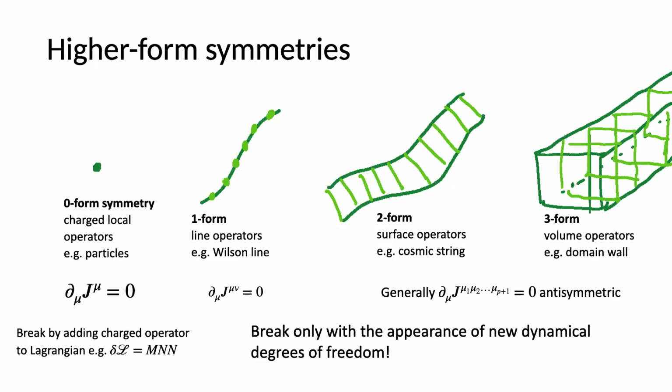However, for these higher form symmetries, the charged objects are extended operators. These aren't the sort of thing that can go into a Lagrangian, and indeed there's no deformation you can do of the Lagrangian that will break these symmetries. These symmetries only get explicitly broken when you go to higher energies and you see new dynamical degrees of freedom appear, in a sense that I'm going to make explicit on the next couple of slides in a simple example. Maybe I should briefly pause if there are any questions here.